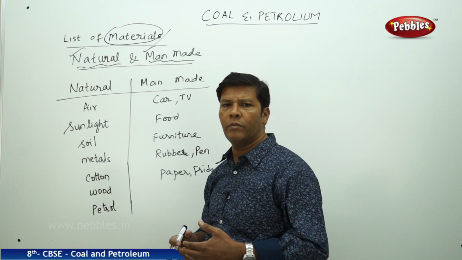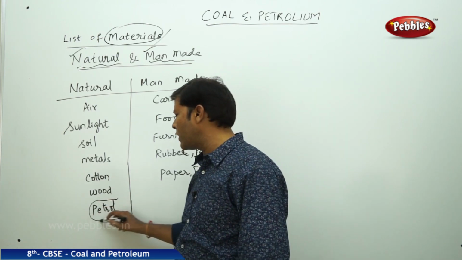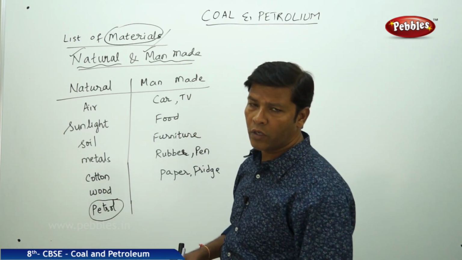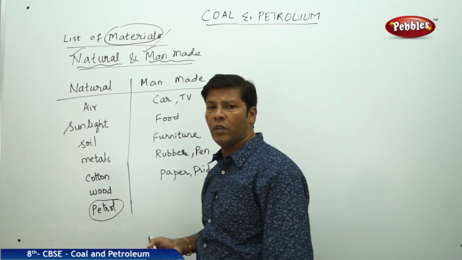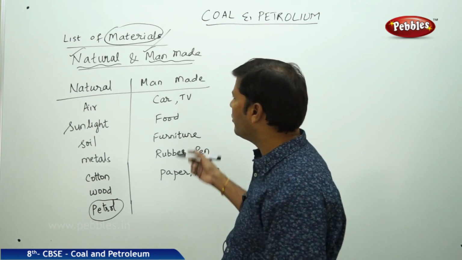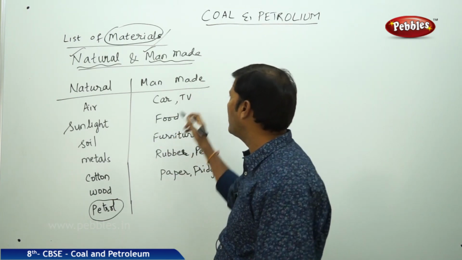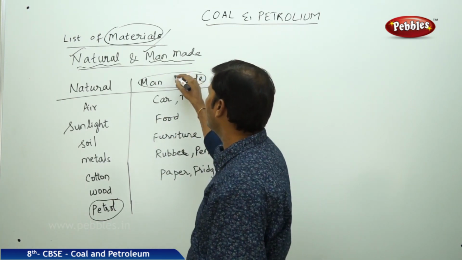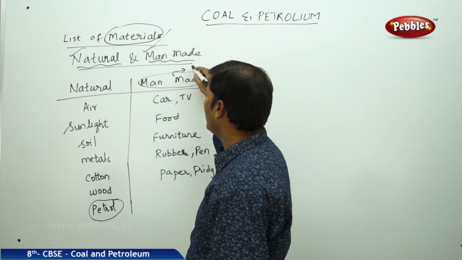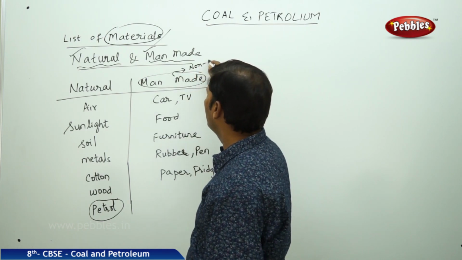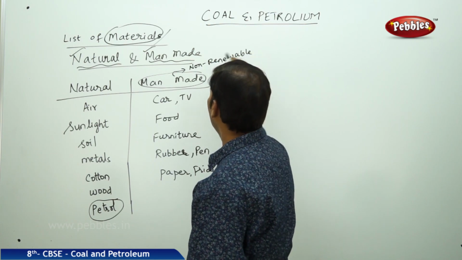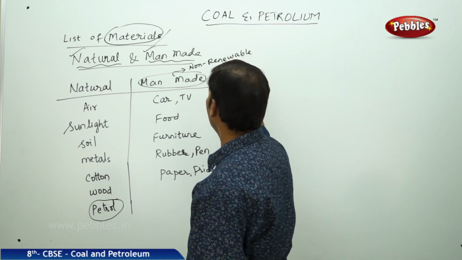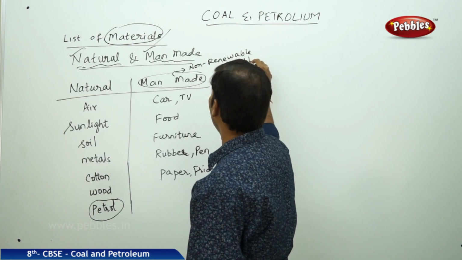Of course petrol is an exception. Petrol we cannot take as a natural source of energy. The man-made is non-renewable. Exactly what I mean to say is that man-made is non-renewable, exhaustible source of energy.